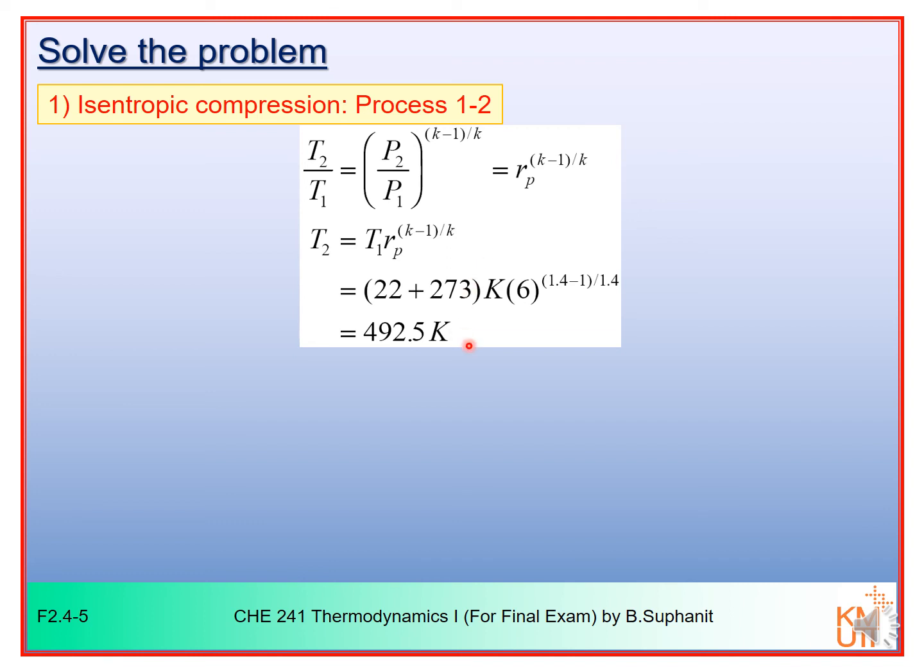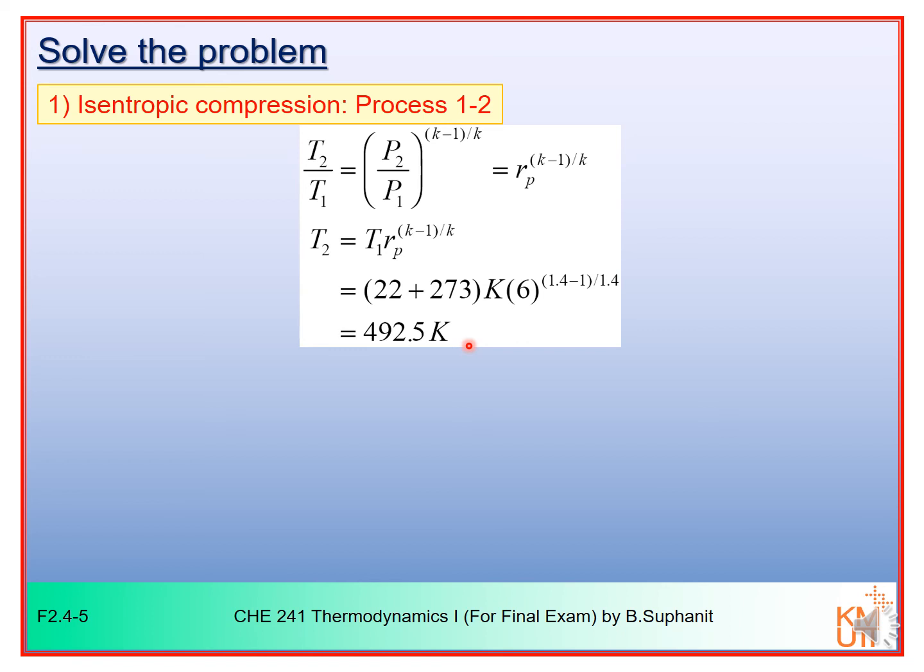And we get T2 at 492.5 Kelvin. To use this equation, you have to be very careful about the temperature and pressure units, since this equation is a thermodynamics relationship. They must be in absolute temperature, for example, Kelvin or Rankine, and absolute pressure, which includes atmospheric pressure.